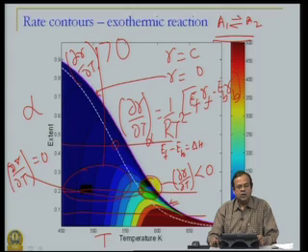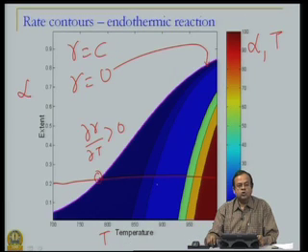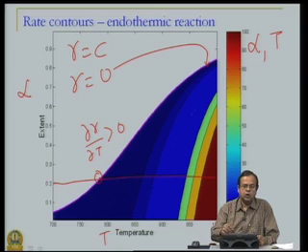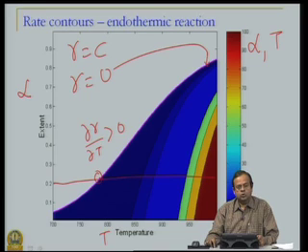And the net result is, for a while temperature has a positive influence, but beyond a certain threshold, temperature starts actually limiting the reaction, and this is true for exothermic reactions, whereas for endothermic reactions there is no such conflict. Both kinetics and thermodynamics are favorably affected by an increase in temperature, and hence we see these monotonic contours, or contours which are always increasing in value.